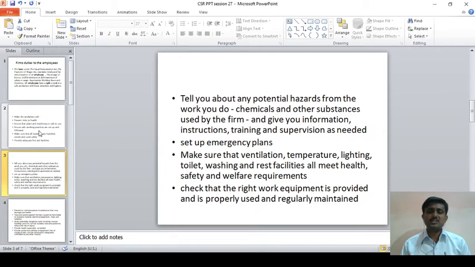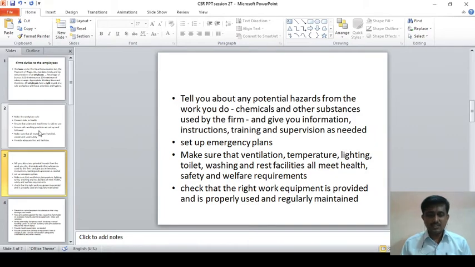Set up emergency plans, and make sure that ventilation, temperature, lighting, toilet, washing and rest facilities all meet health, safety and welfare requirements.